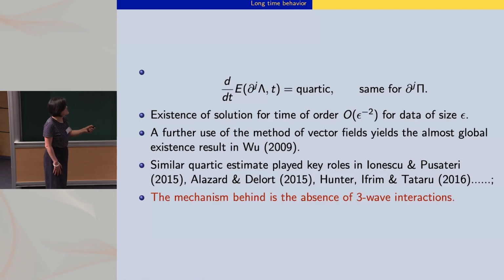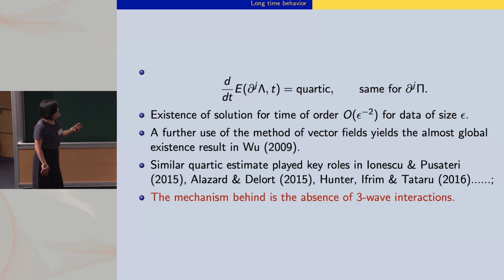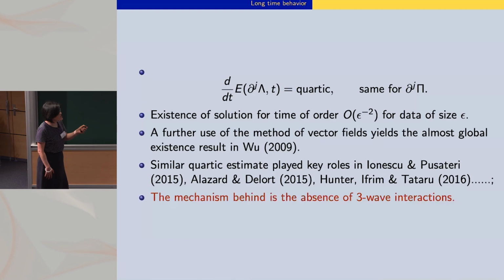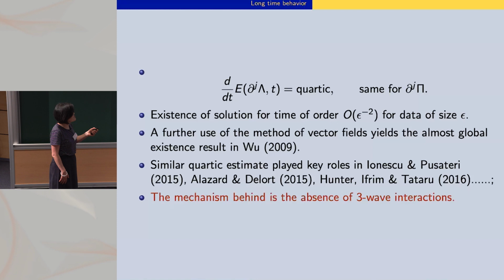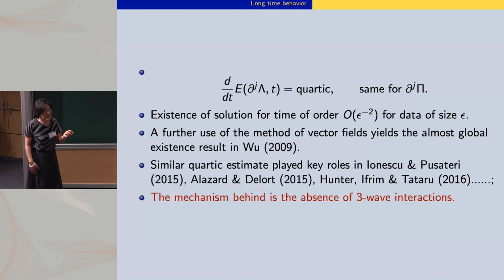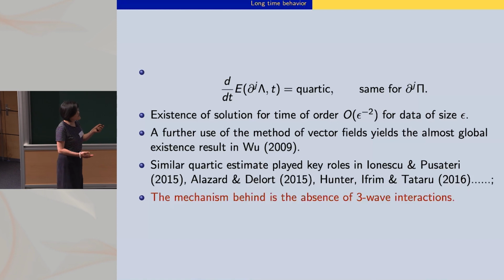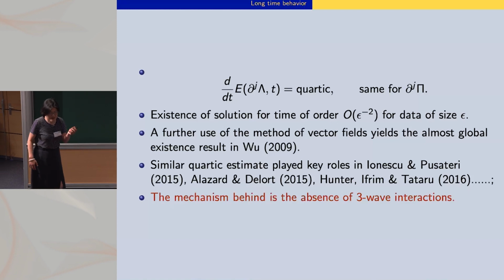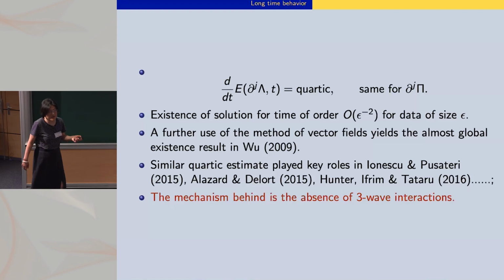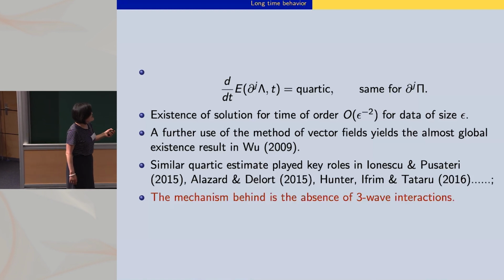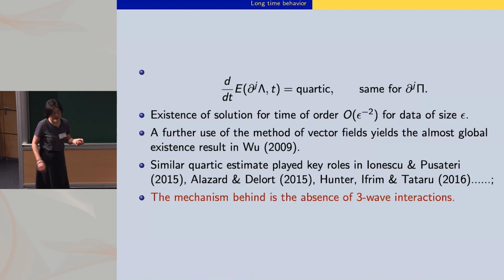And same for this. If you only apply derivatives in the spatial direction dx, then you will get existence of solution for time of order epsilon minus 2 for data of size epsilon. But of course if you apply also the vector fields, so we use a vector field method, this naturally gives us time decay, and then you will be able to solve for time almost global.